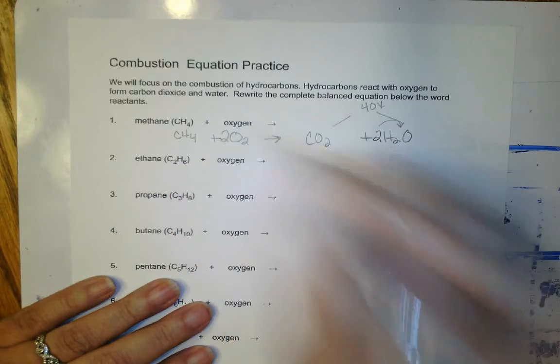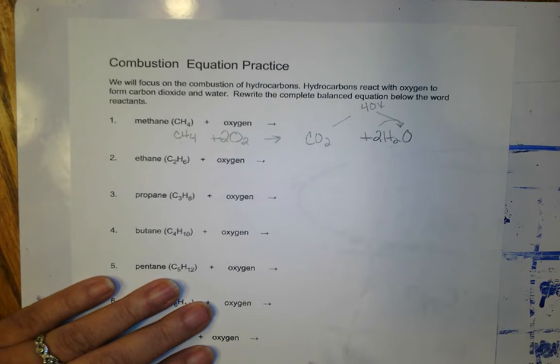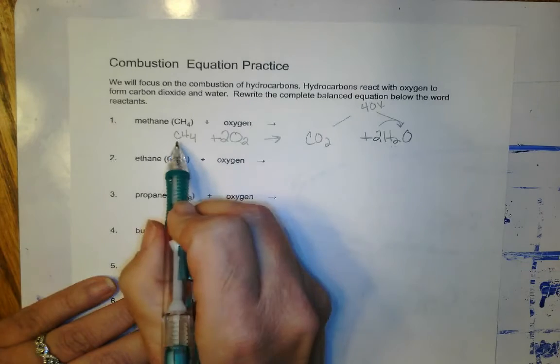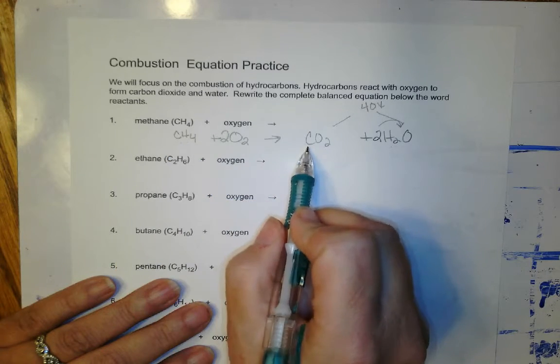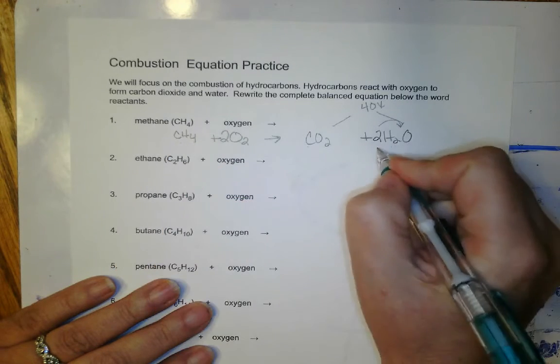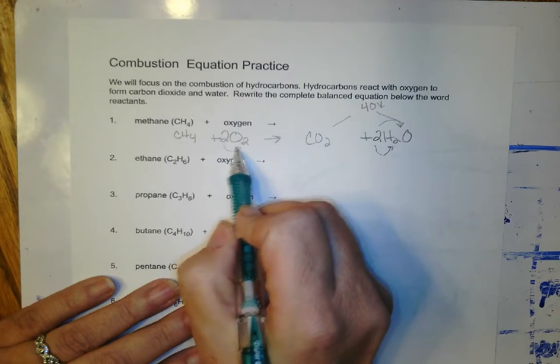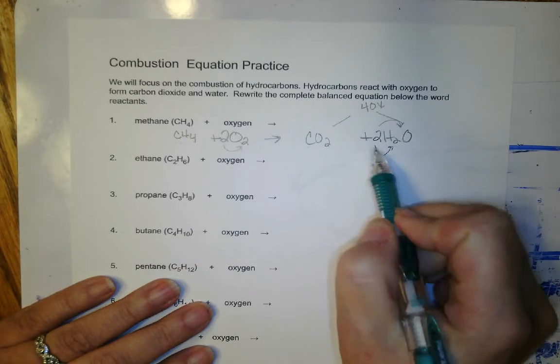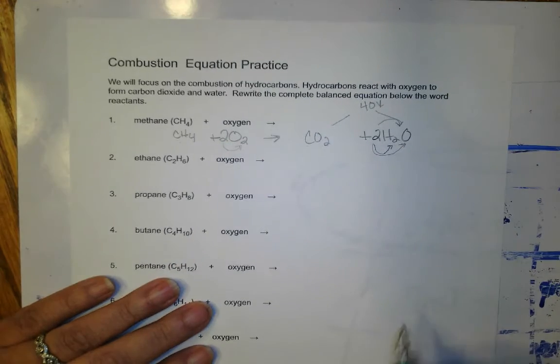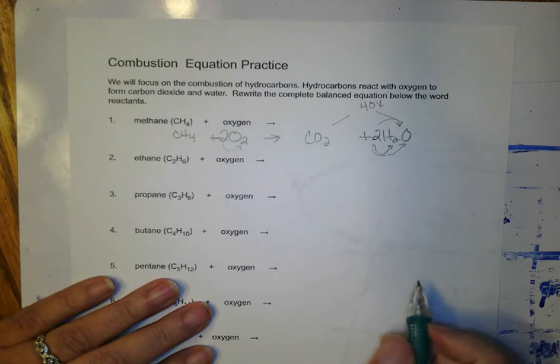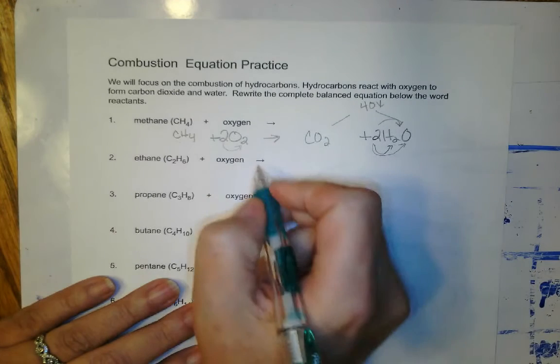I put a 2 there, and we think we're done, but we always need to double check one more time. Carbon, 1 carbon. 4 hydrogens. 2 times 2 is 4 hydrogens, and I have 4 oxygens. I have 2 and 4 oxygens, so we are balanced.